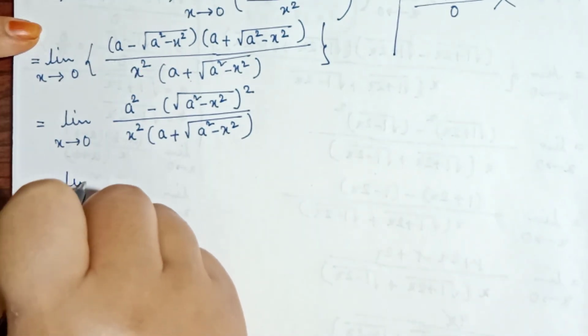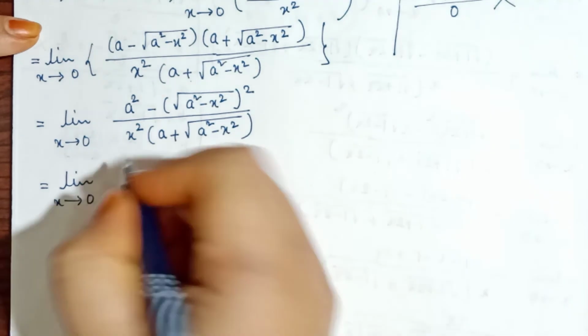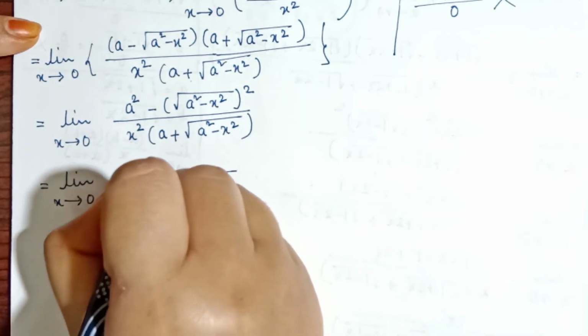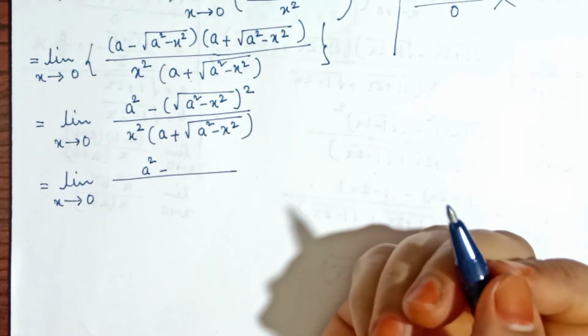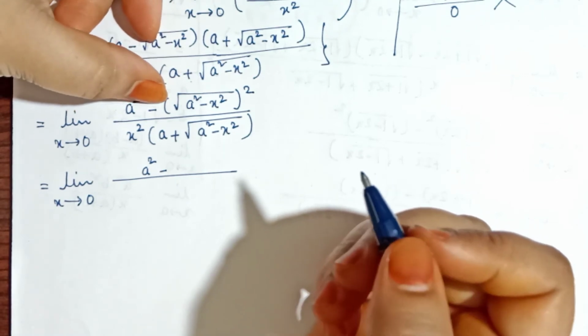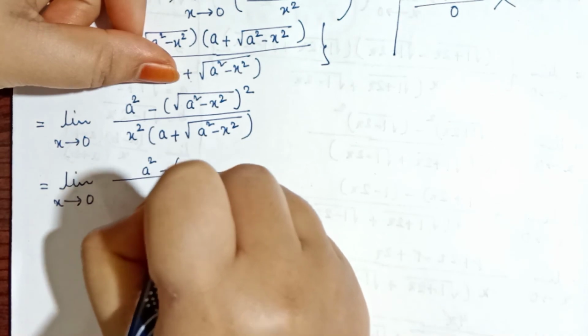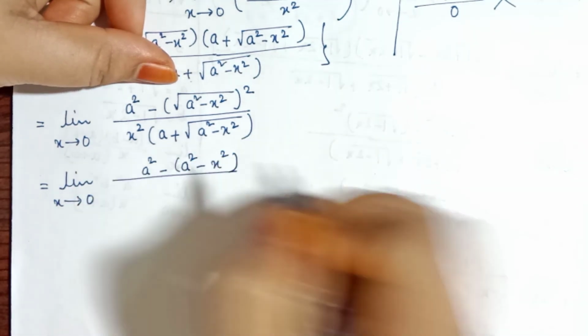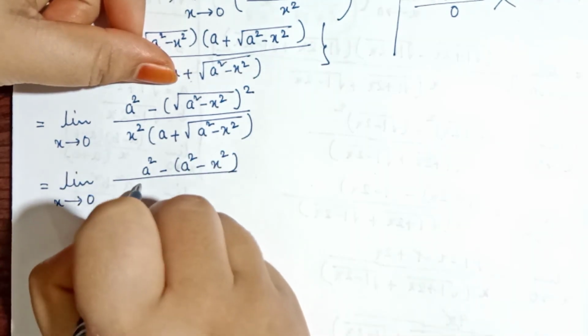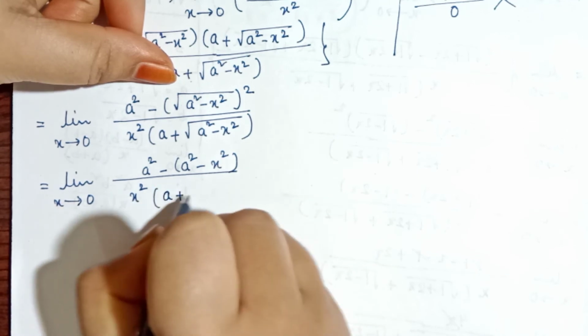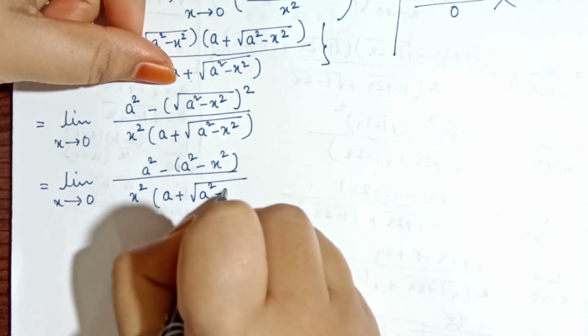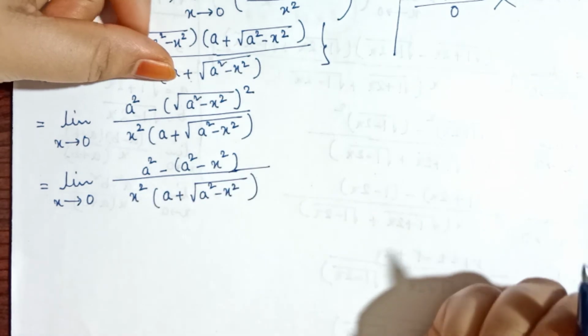Okay, now limit x tends to 0. This is a square minus, this is root over and then square. So it becomes a square minus x square, then divided by x square into a plus root over a square minus x square.